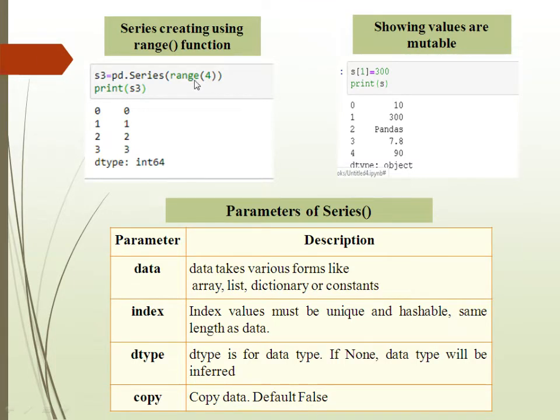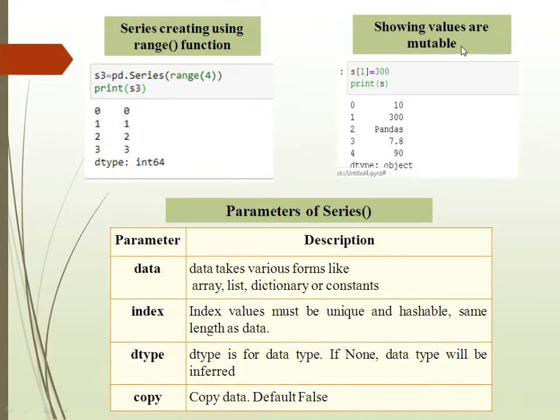So it will give the list of values 0, 1, 2 and 3. Those values will go in S3. And when you print S3, the answer is 0, 1, 2, 3. And its index is also similar. See the dtype? Dtype is now int64. Clear?